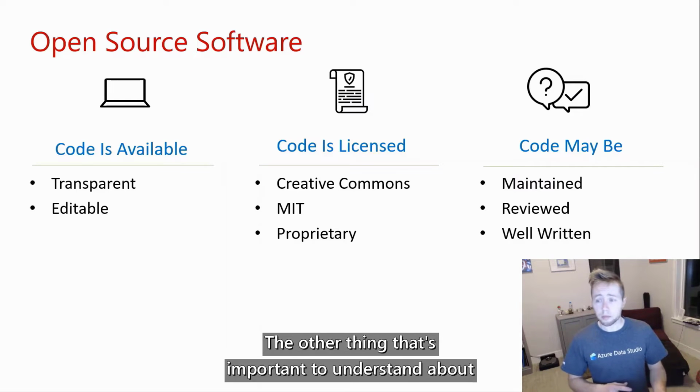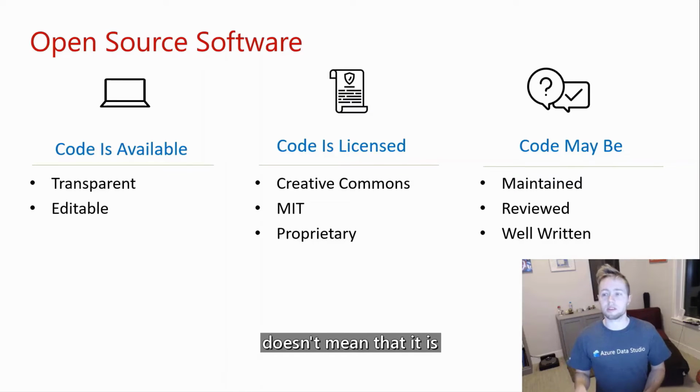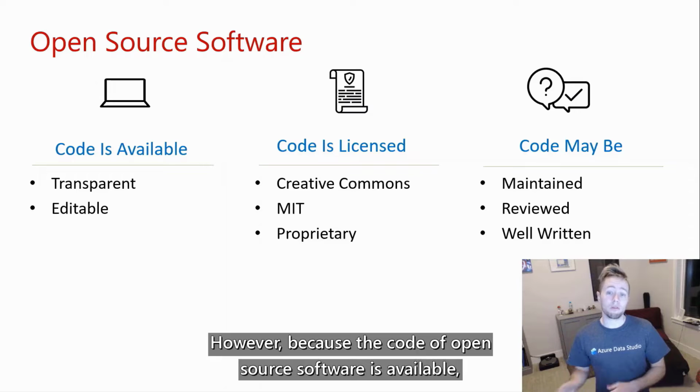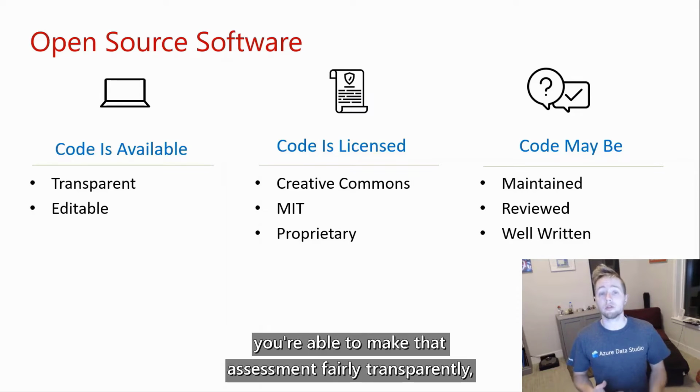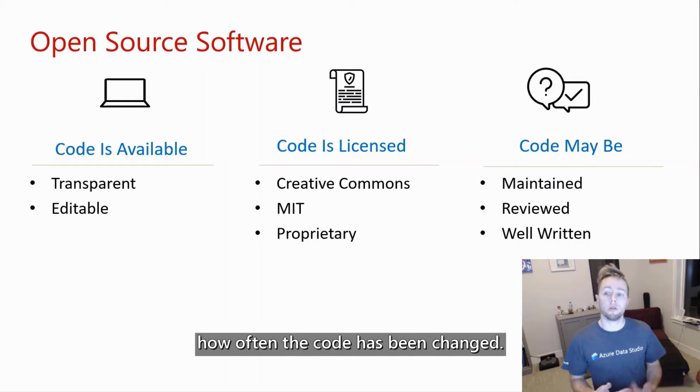The other thing that's important to understand about open source software is just because the code is available doesn't mean that it is necessarily maintained, reviewed, or well written. However, because the code of open source software is available, you're able to make that assessment fairly transparently, fairly readily. So you can see how often the code has been changed.